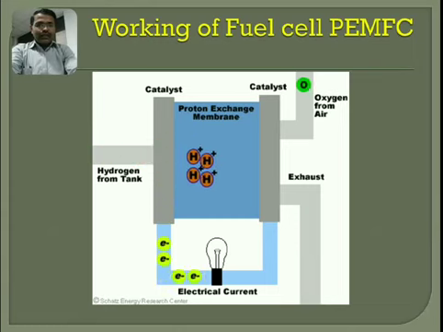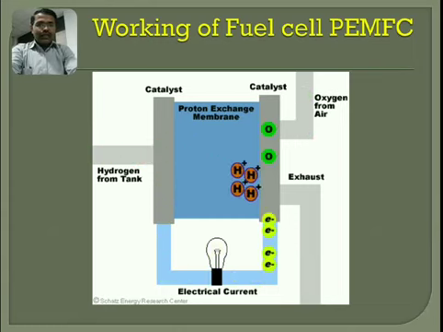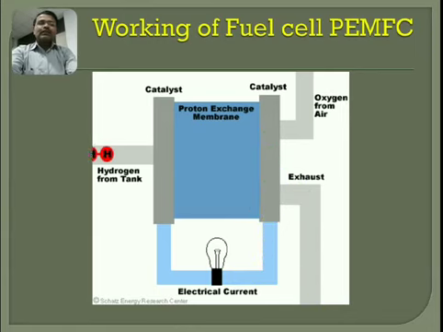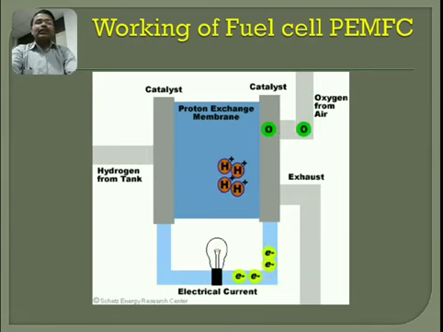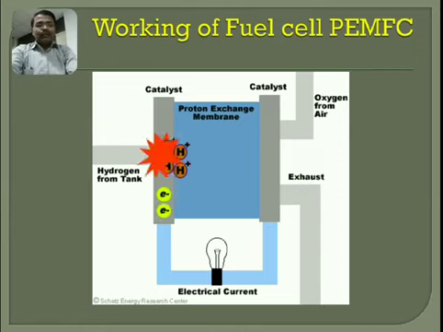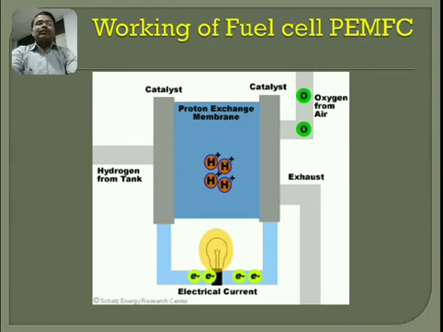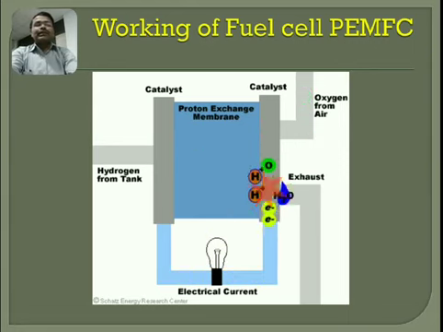The H plus ions release electrons, and those electrons are on the cathode now and are forming water. So this is the general mechanism of a fuel cell. All types of fuel cells work in a similar way. Just the electrolyte material which is taken may be different, and the fuel may also be different in some cases.